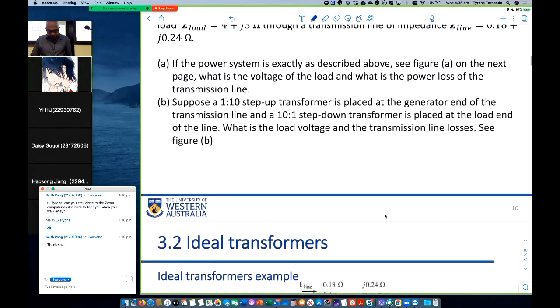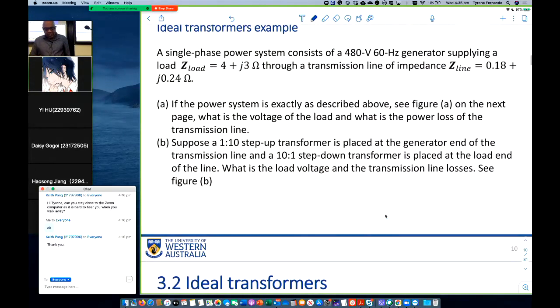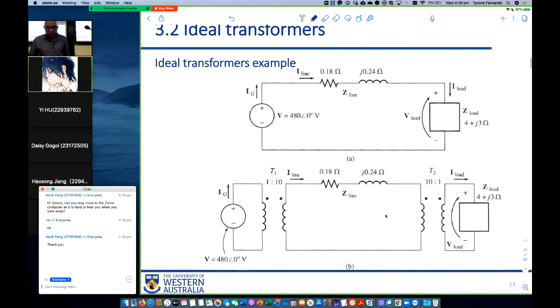So what do we have? If the power system is exactly as described above, see figure A on the next page, what is the voltage of the load and what is the power loss of the transmission line? If we were to connect without the transformers, without stepping up and stepping down the voltage, this top figure is what we have. If we were to step up and step down, it's the bottom figure.